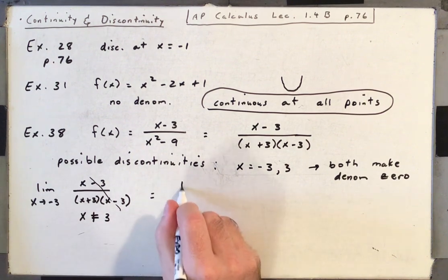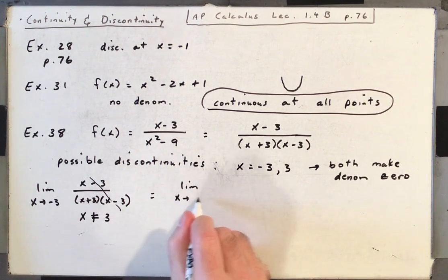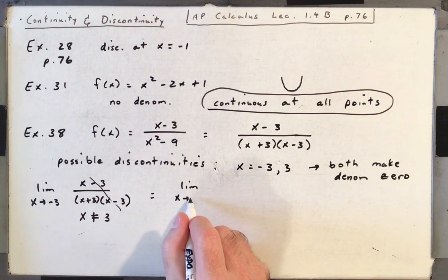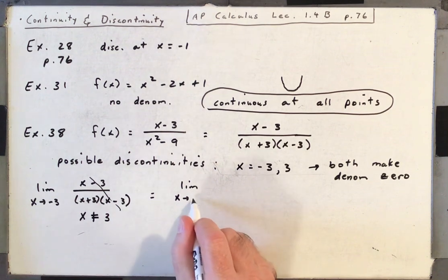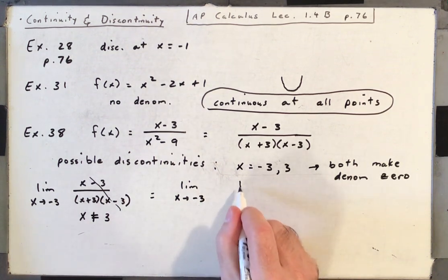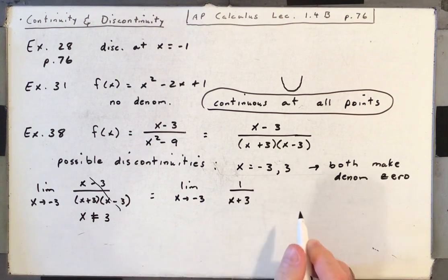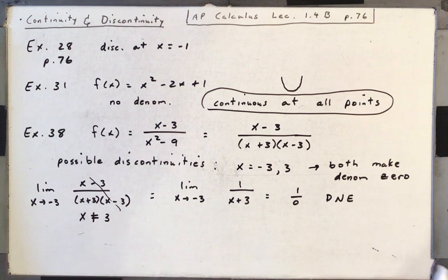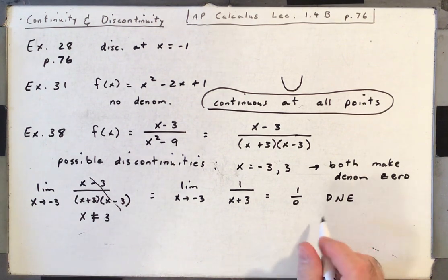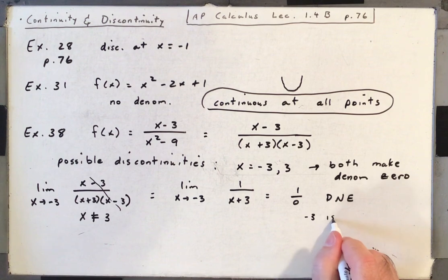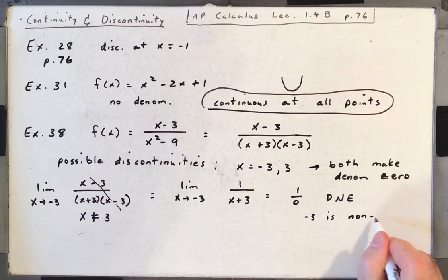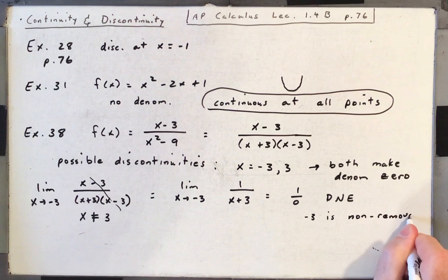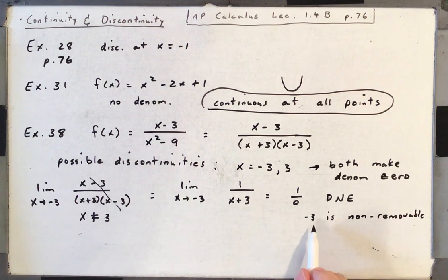Cross that out, and then we have the limit as x approaches -3 of 1 over x plus 3. That's going to be 1 over 0, so that does not exist. So negative 3 is non-removable. We have a discontinuity at negative 3, and it's non-removable.